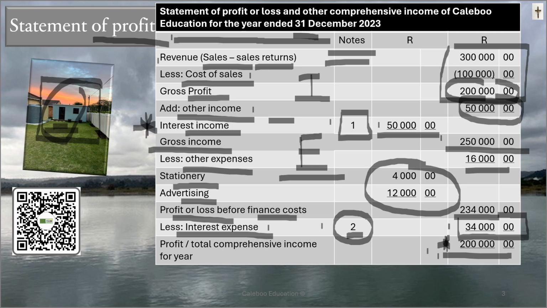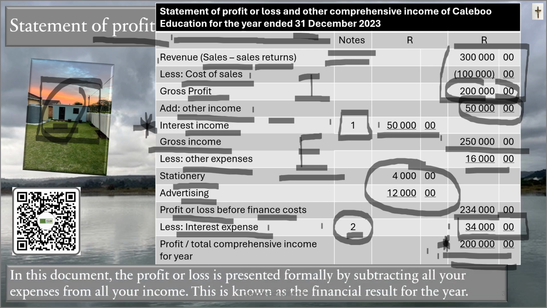And the profit for the year of Calibu Education, the financial result, which indicates the profit or the loss for this little business, is 200,000. So in this document, the profit or loss is presented formally by subtracting all your expenses from your income.